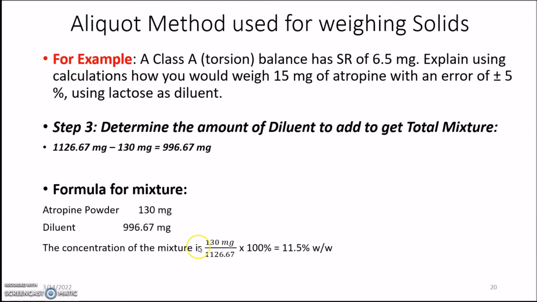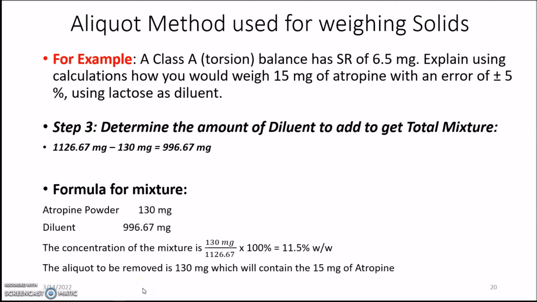This means that I am going to mix 996.67 milligrams of diluent with 130 milligrams of atropine, mix them together homogeneously, and then I'm going to remove 130 milligrams.